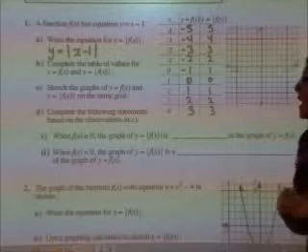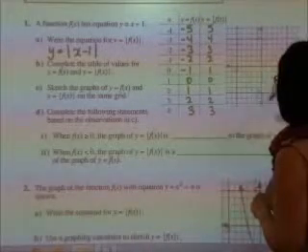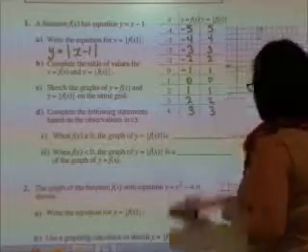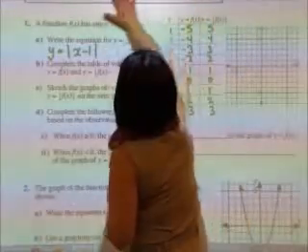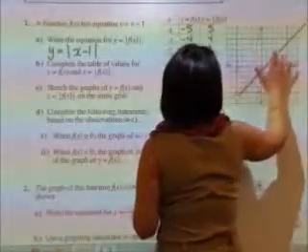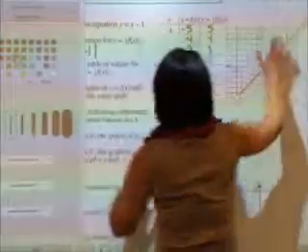So there would be my two equations. And then we're asked to graph them both on the same grid. Again, graph and then compare what you have to what I have. So this is my y equals f of x.